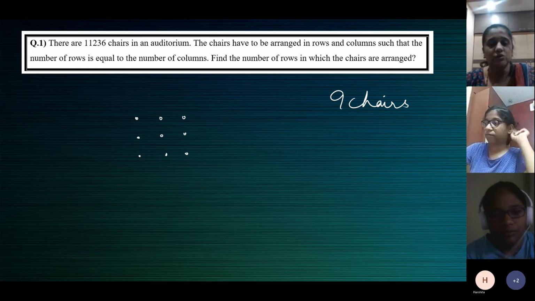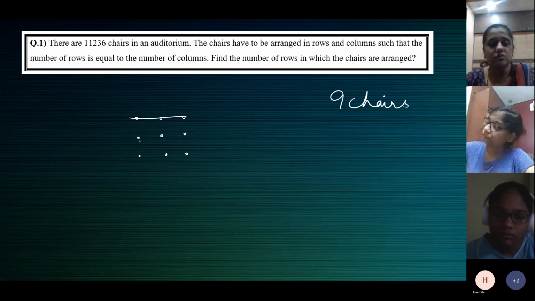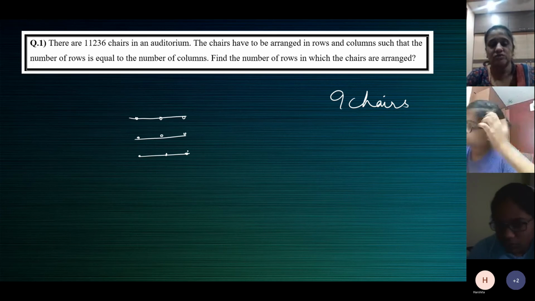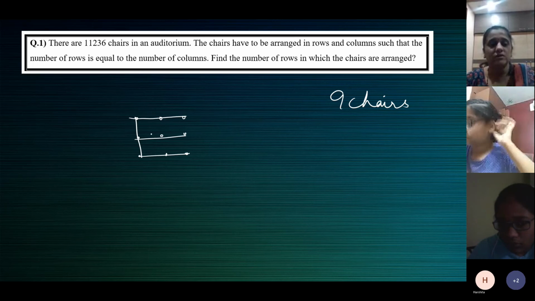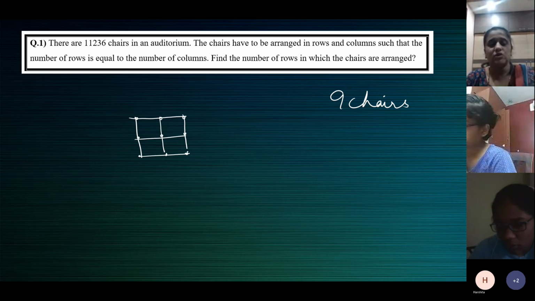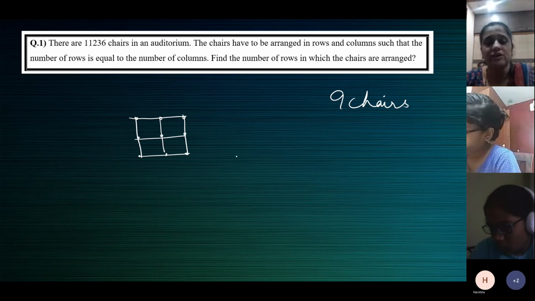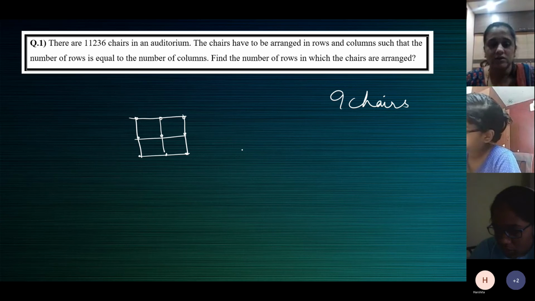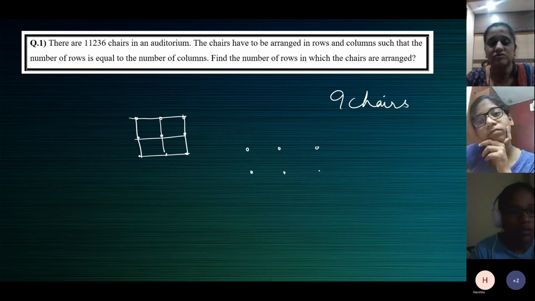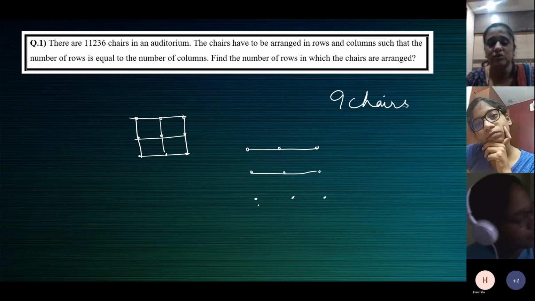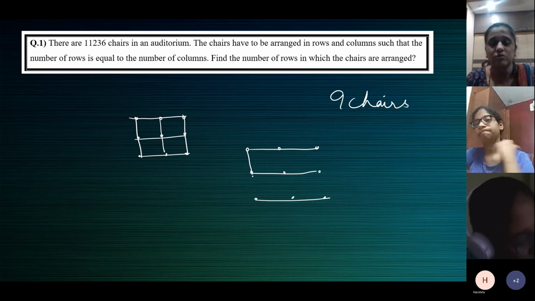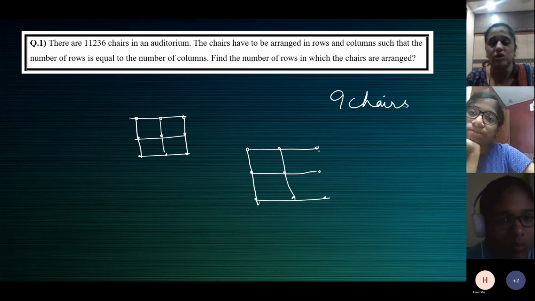See here, 3 rows, first row, second row, third row, and 3 columns. So we have arranged 9 chairs in 3 rows and 3 columns.